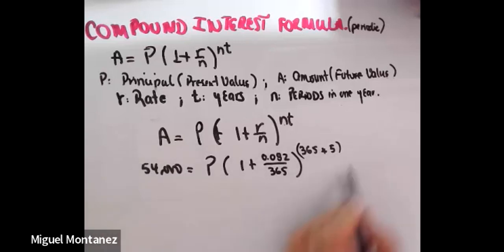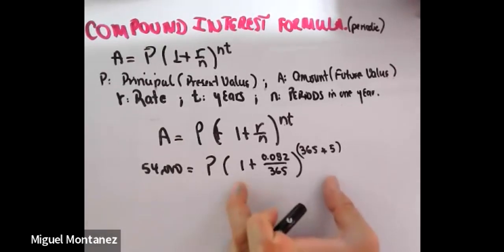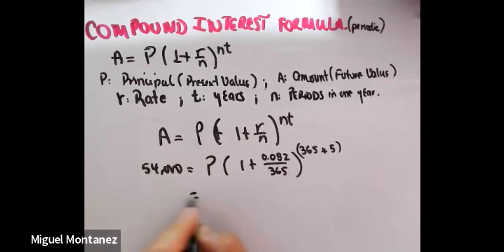So this is what we have. Notice, folks, if we can calculate this number, let's say we'll have 54,000 equals P times a number. I can divide by that number left and right, so I can solve for P. So that's exactly what we're going to do. We're going to calculate how much is this ugly thing, so we can divide by that number.